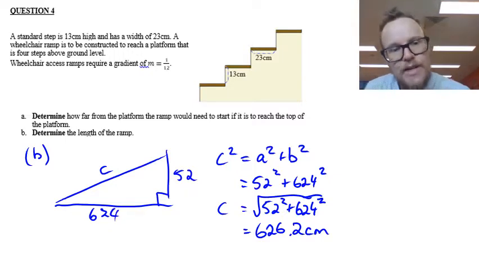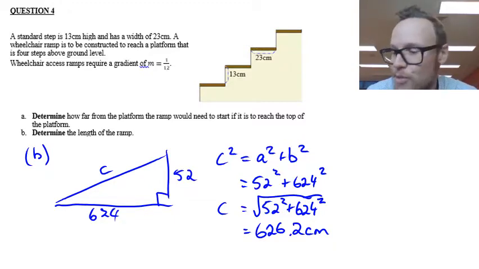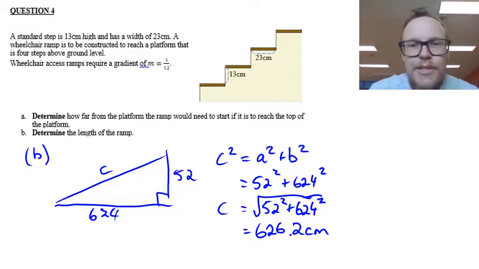And that's the length of the ramp. Once again, you would need to answer in a sentence: therefore the length of the ramp is 626.2 centimeters. I wouldn't be going to many more decimal places than that, because otherwise you're getting into super inaccurate territory. There's no way to know that you could possibly measure that ramp that accurately to the nearest millimeter. It's a very long ramp.